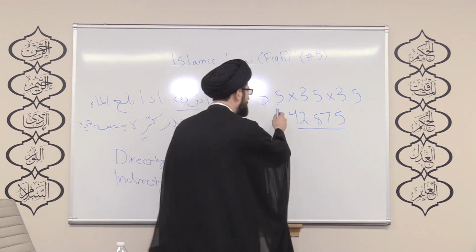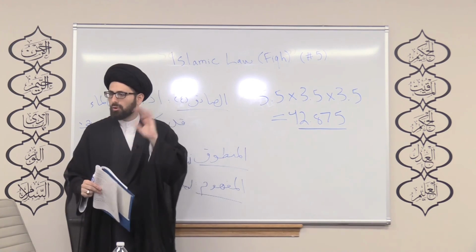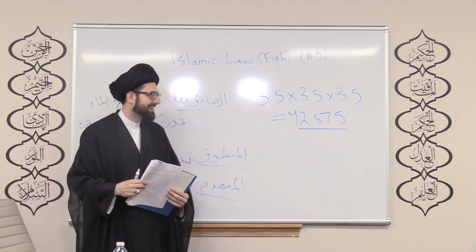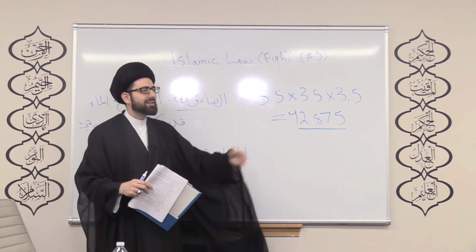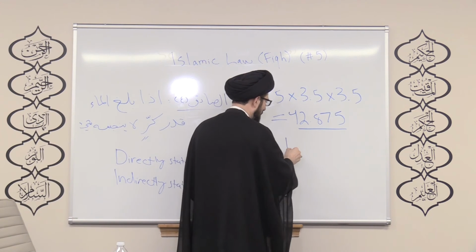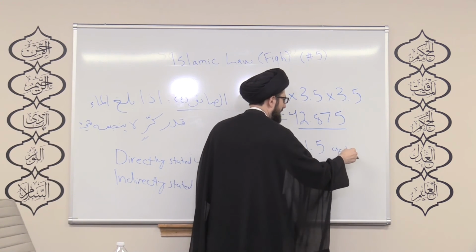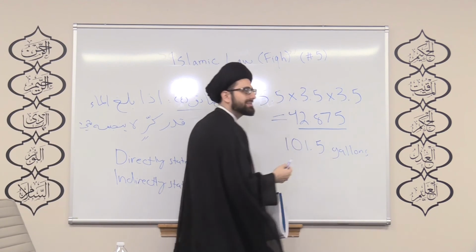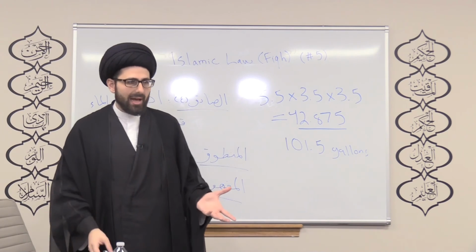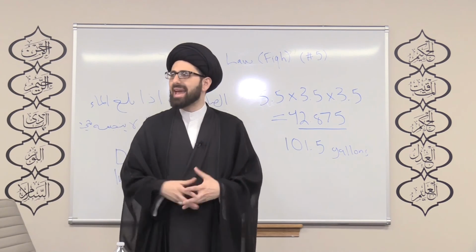If you want to translate that into gallons, because we're not used to handspans, this is equivalent to about 101.5 gallons. So whenever you have at least 100 gallons of water, that is a Korr. It's immune.